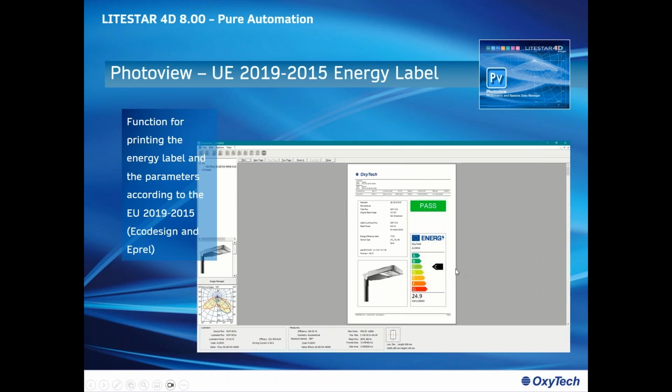This form is produced automatically by the program, and it is summarizing the parameters that bring to the classification and to the verification of whether the luminaire is passing the energy assessment defined by the standard, the eco-design standard. So this can be printed together with a single label.